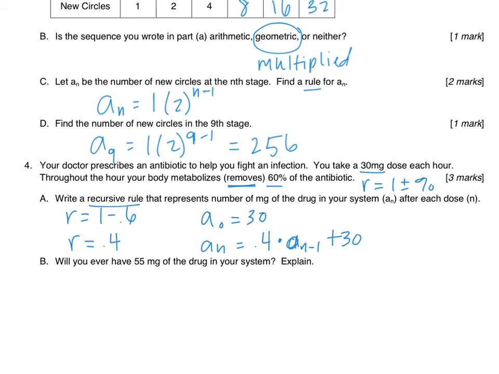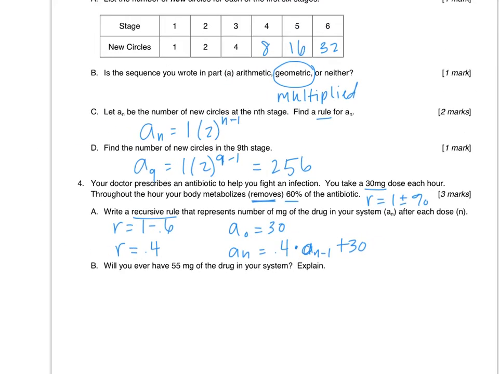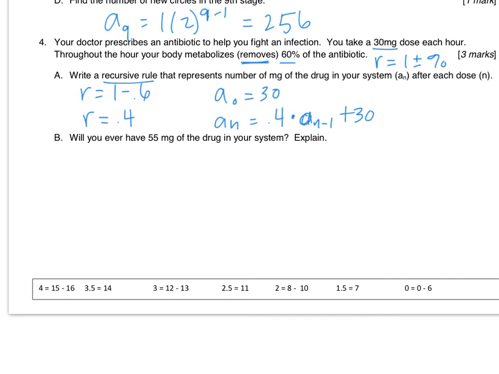So to answer that question, we want to find a few of the terms in the sequence and see how much of the drug we're going to have. So A0 is 30. A1, I'm going to put in my calculator.